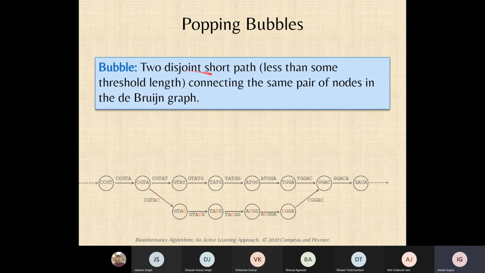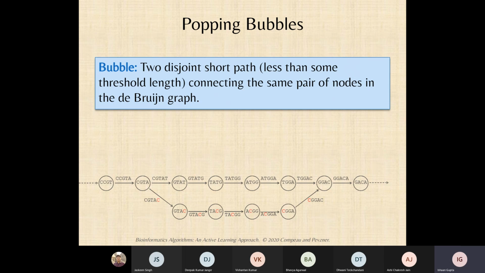Okay. So a bubble is basically two disjoint paths connecting the same pair of nodes, and in this case, its length will be less than some threshold. If the length is too much, then you can imagine this is probably not coming from just a read, but from something more relevant, like an insertion or a deletion in the genome.